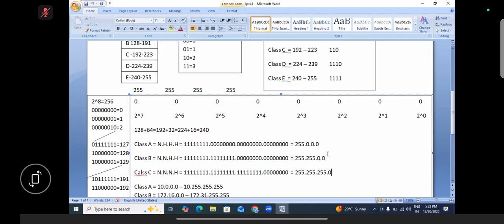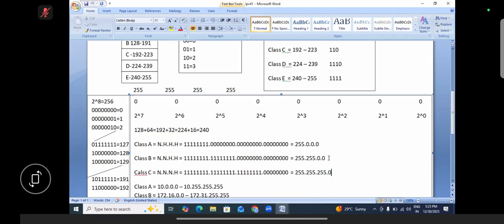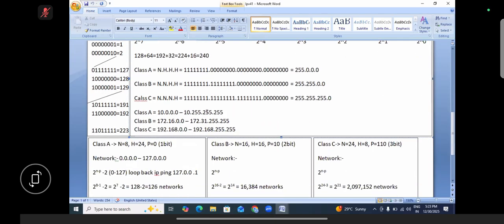So this is the default subnet mask for each and every class. How do you get the default subnet mask? All the host bits should become 0, and all the network bits should become 1s. Got it, guys? As of now, I hope you're clear what exactly a subnet mask is. Right. So next, class A. If you have 15 minutes of time, I'll complete this calculation also.